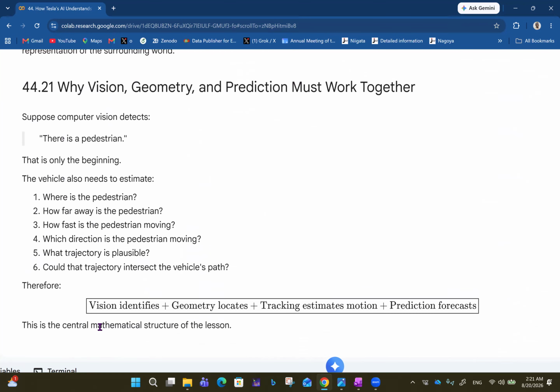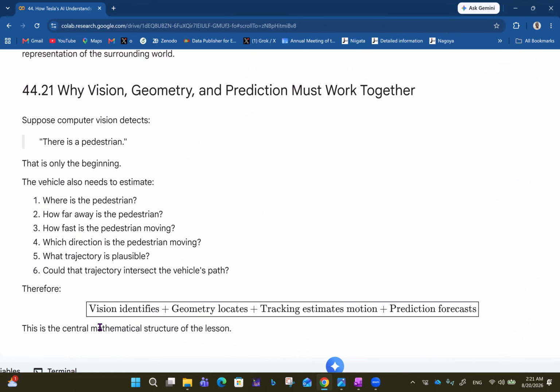So, why must vision, geometry, and prediction work together? Suppose computer vision detects there's a pedestrian. That is only the beginning. The vehicle also needs to estimate where the pedestrian is, how far away, how fast the pedestrian is moving, which direction, what trajectory is plausible, and could that trajectory intersect the vehicle's path?